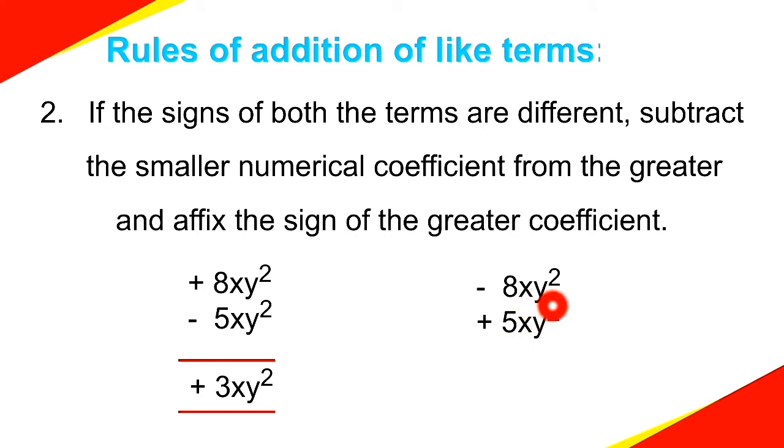Here xy square and xy square both are same. Here the constant terms are different, that is minus 8 plus 5. Both are different constants, right? Now what we are going to do? We are going to simplify. Minus 8 plus 5. If you subtract, what you will get? Minus 3xy square. Okay.